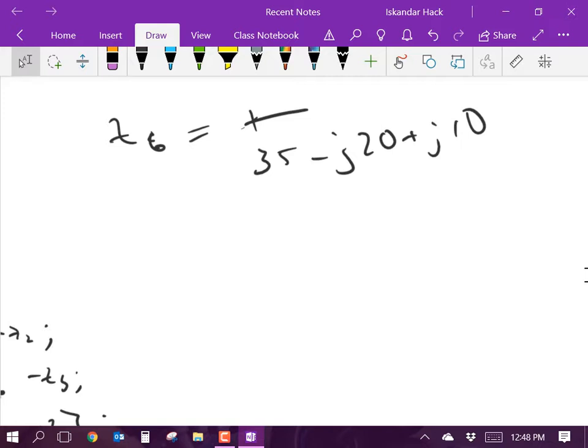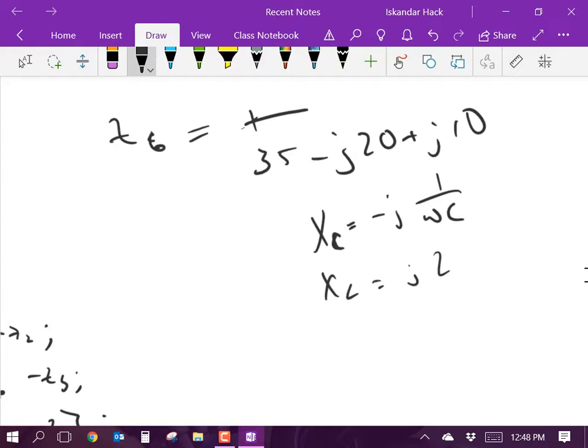And remember that X of C is equal to minus j over omega C, and X of L is equal to j omega L, and omega, if you forgot, is 2 pi f. So that's where those numbers come from, and this is kind of a review going back, and we'll come back on Tuesday and work this with real numbers.